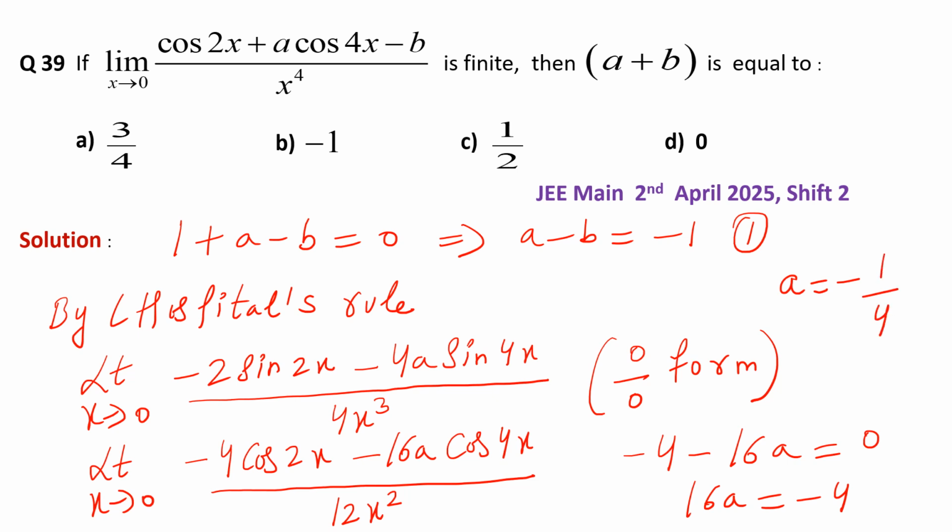Now students, we will put this value of a in equation 1 to get the value of b. From equation 1 we have a - b = -1.